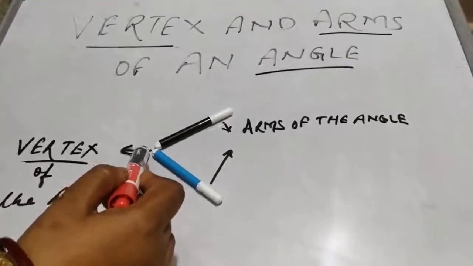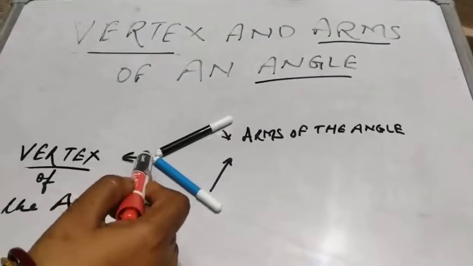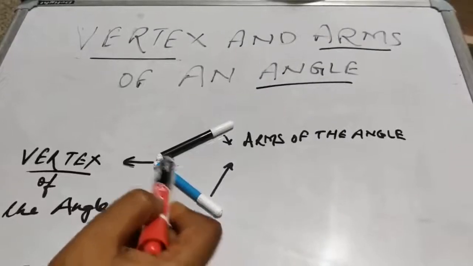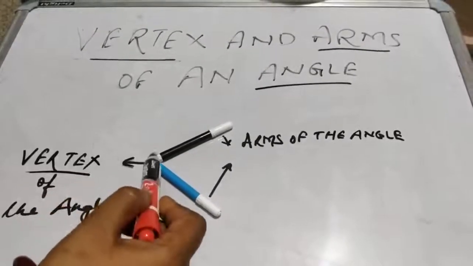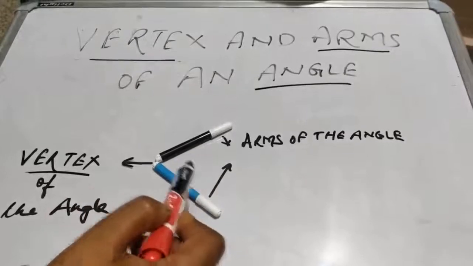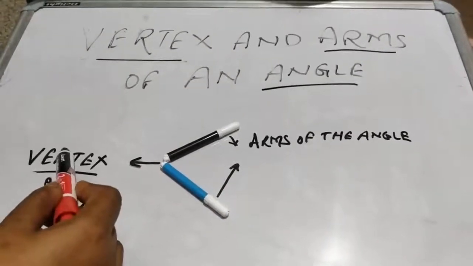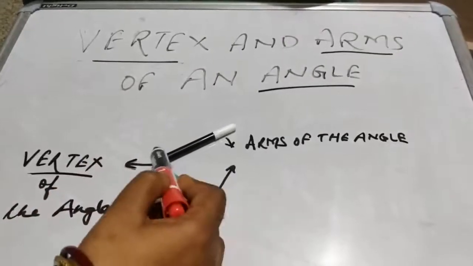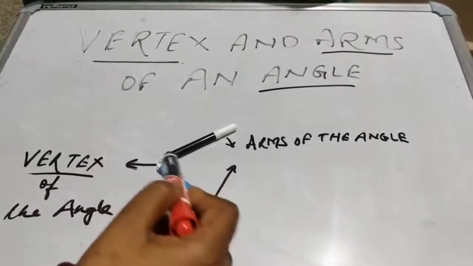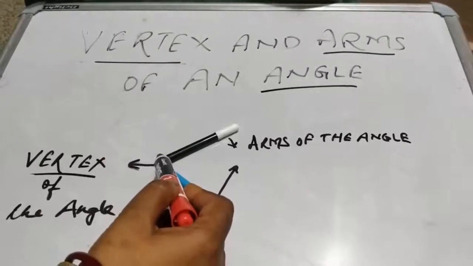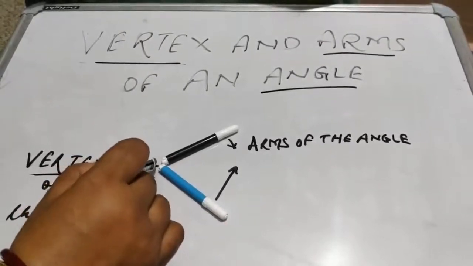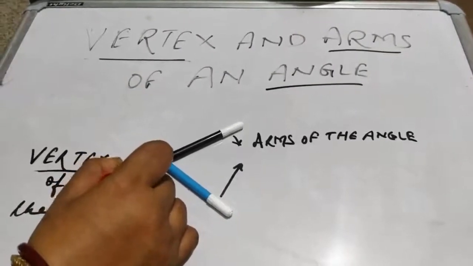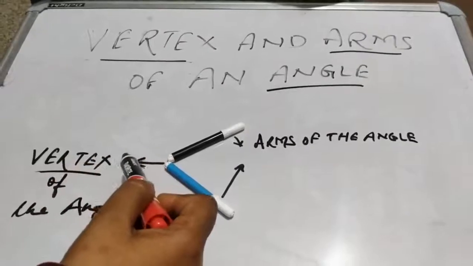The vertex is the common end point of the two rays of the angle, called the vertex of the angle formed by them. These two rays coincide with each other at a point, and this coinciding point is called the vertex of the angle.